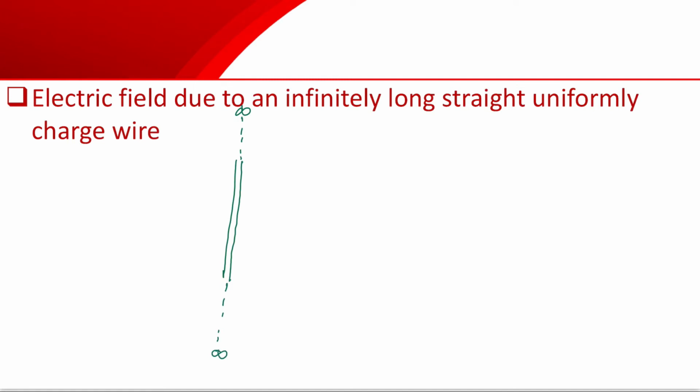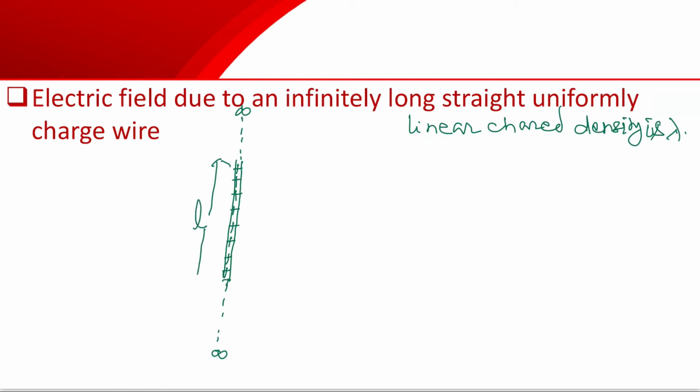Let a positive charge be distributed uniformly throughout the wire such that the linear charge density is lambda, and let us take a small length of this infinitely long straight uniformly charged wire. We have taken this length as L.